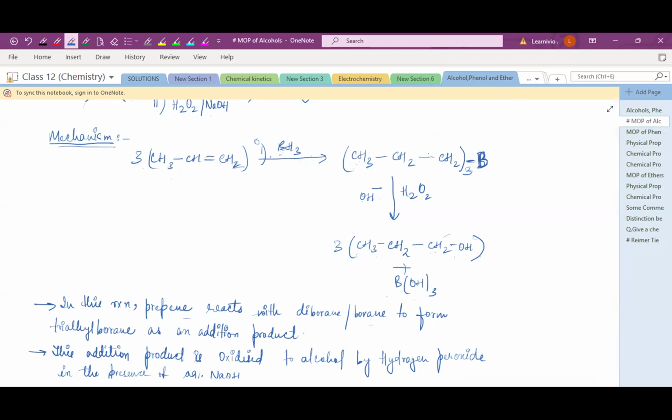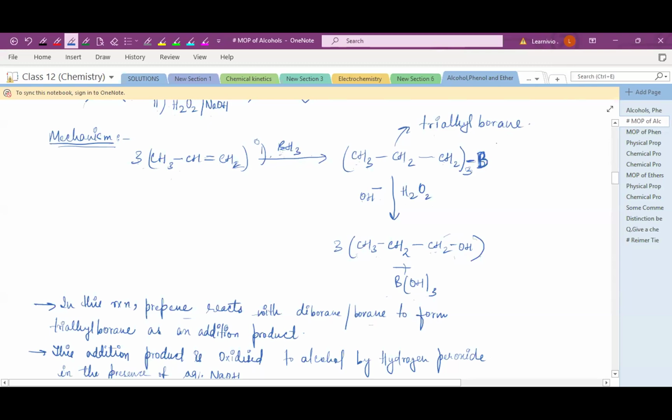The alkene gets converted into an alkyl structure, the addition product of alkene. So trialkyl borane. What is this? This is your trialkyl borane. So in this case, it is tripropyl borane.